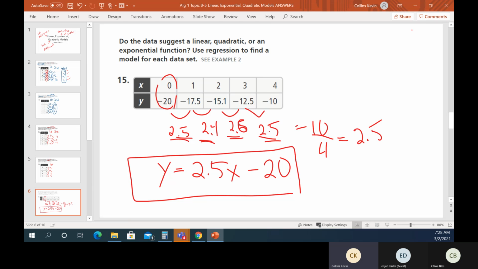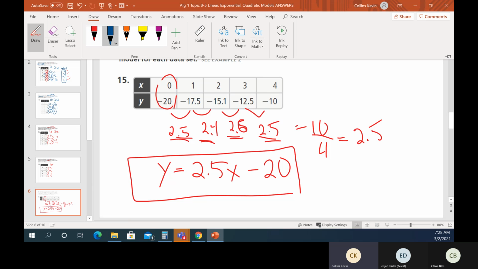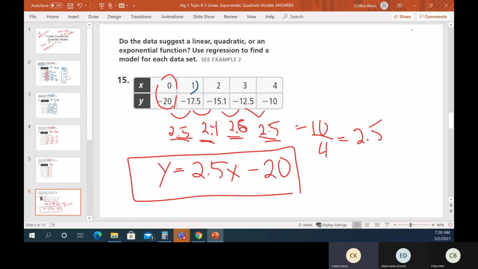So again, if we switch up the colors here, and we plugged in 1 for x, I would get 2.5 times 1 minus 20, and that's going to be minus 17.5, right? And the same thing here. If I plugged in 0, then the 2.5x times 0 is just 0, and I get the minus 20, which is this guy.